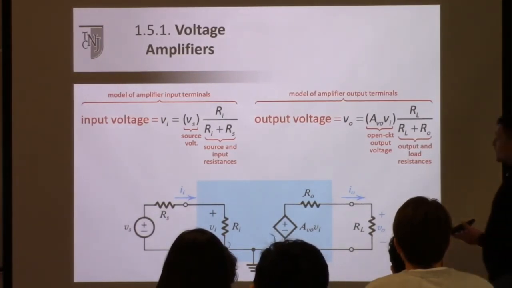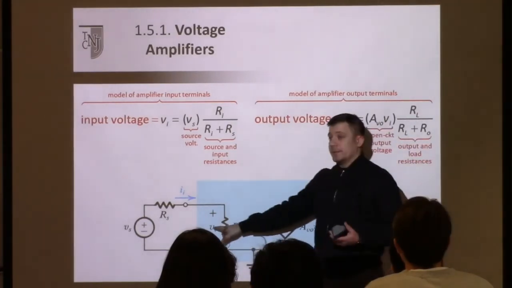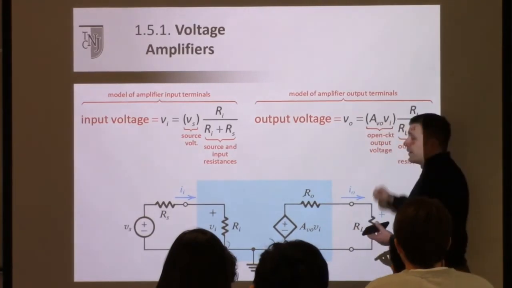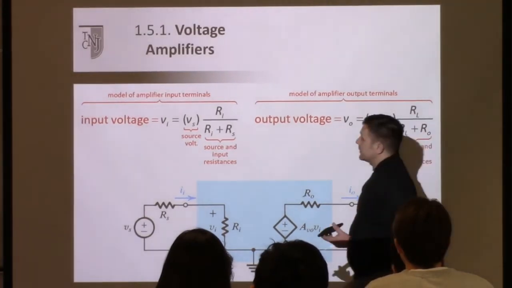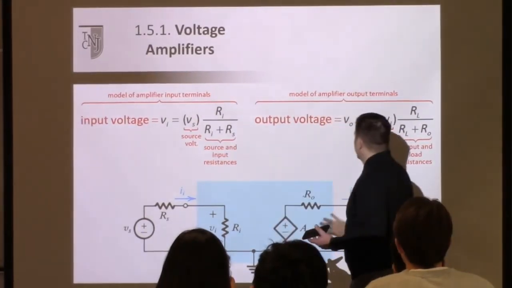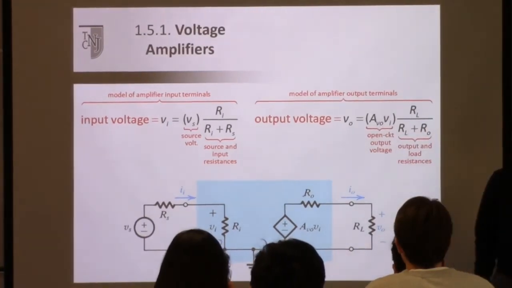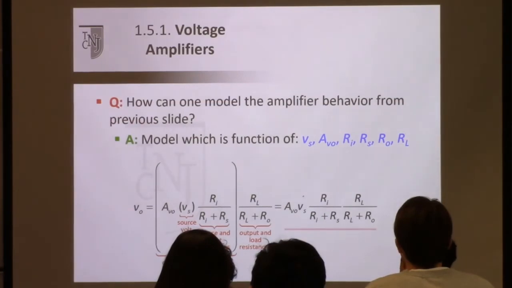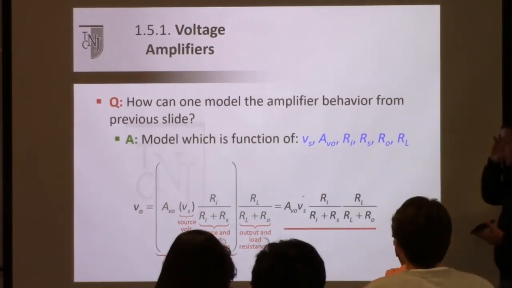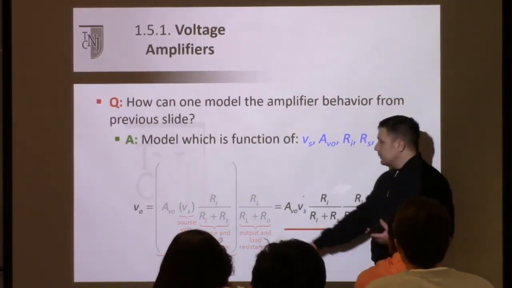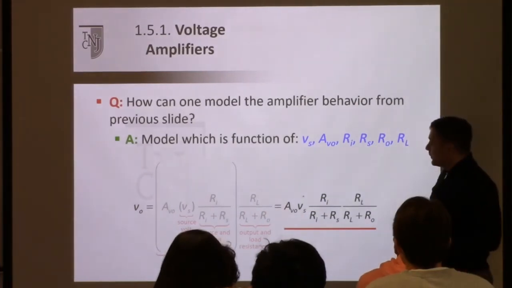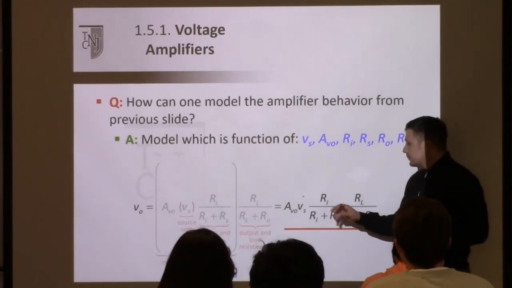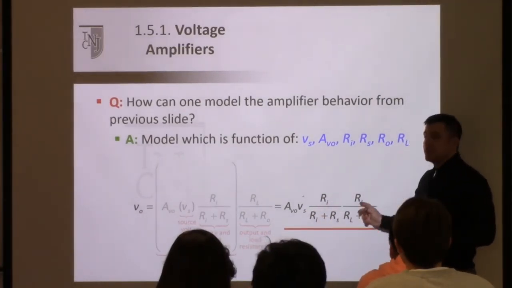Well, this is a dependent source, which is dependent on Vi. So this is the same Vi as right here. So we can take this whole thing, put it inside of here, and what we end up with is this. So the combination of both of them together gives us our gain value times Vs times these two ratios.